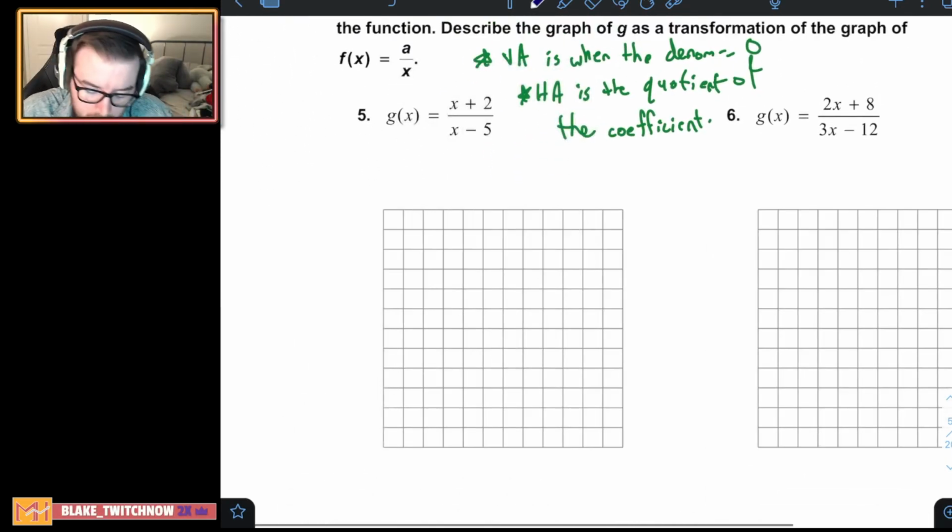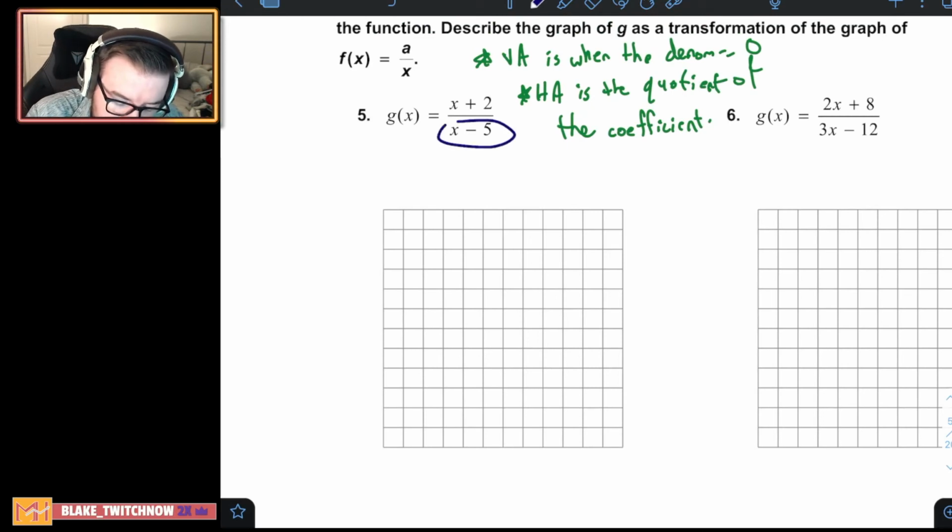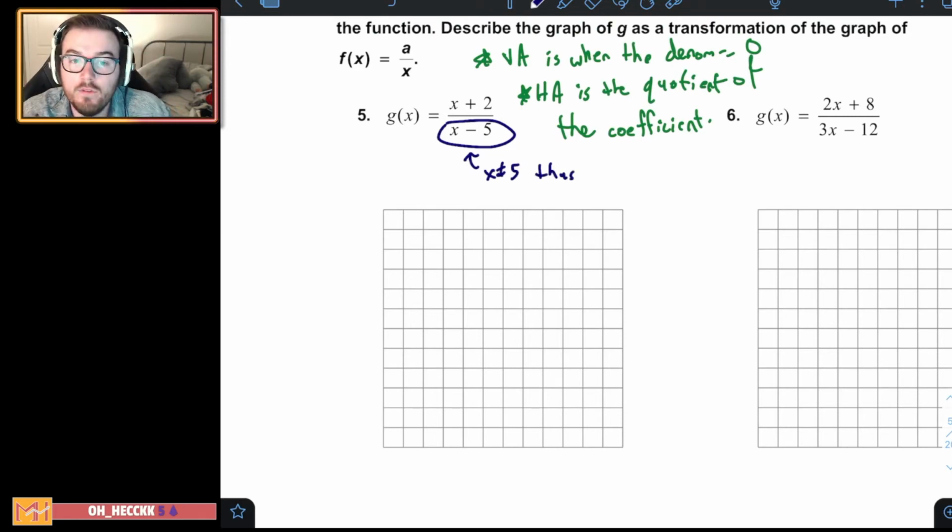So what's going on in the denominator? Well, x can't equal 5. Why can't it equal 5? Remind yourself. Can you answer that question? It's been a minute since I said it. Because the denominator would be 0, and I can't divide by 0.